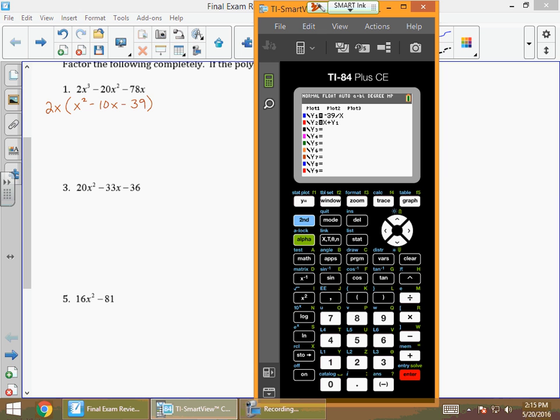So now when I look at my table, I'll have 2 columns. I'll have a y1 and a y2 column. And you'll see in black are my x values again, and in blue are the y values. And then in y2, you see what happens if I add the x and the y together. So as I look at 1 plus negative 39, I see negative 38.